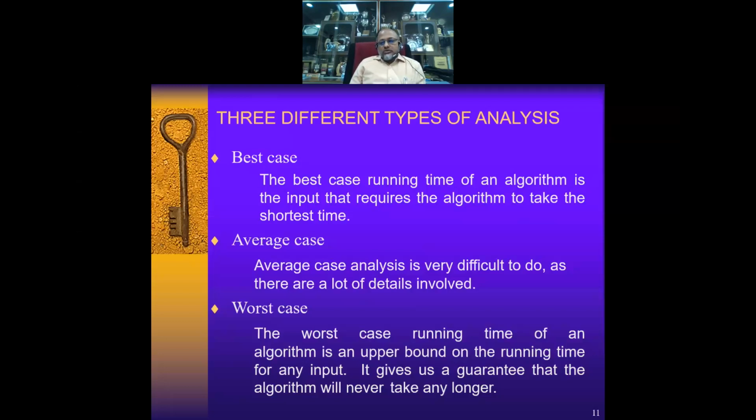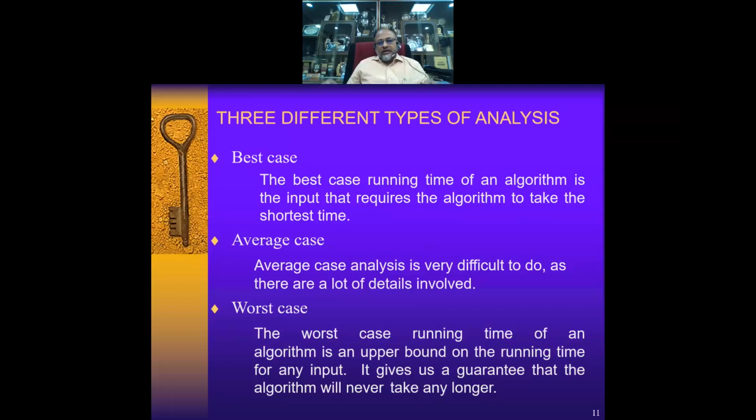Suppose it is a searching algorithm, where you want to find whether a number is available in a list of given numbers. So my problem is finding whether a number is available in the list or not.